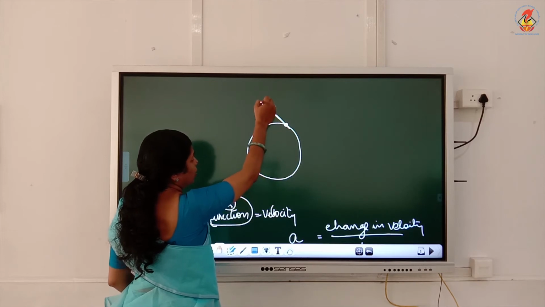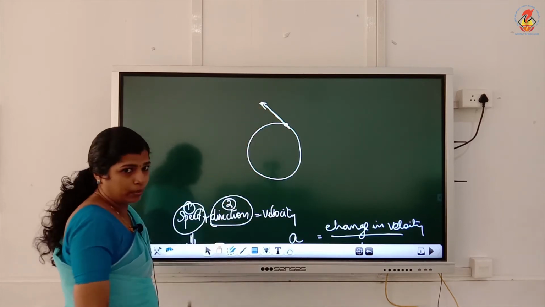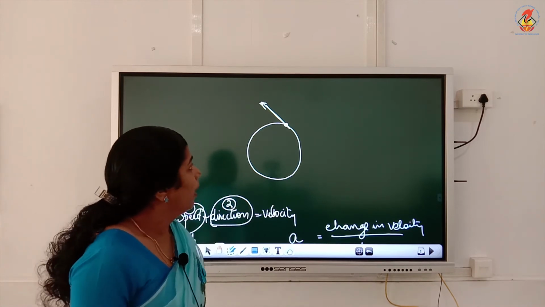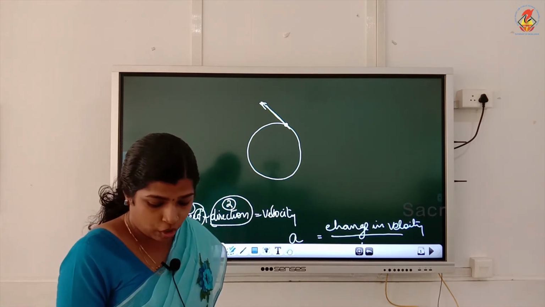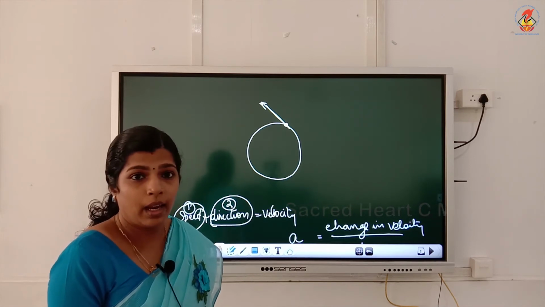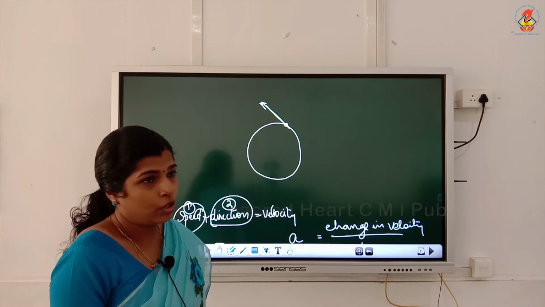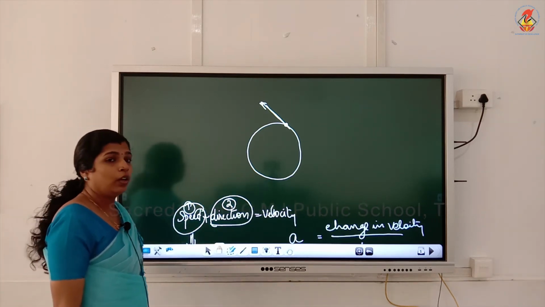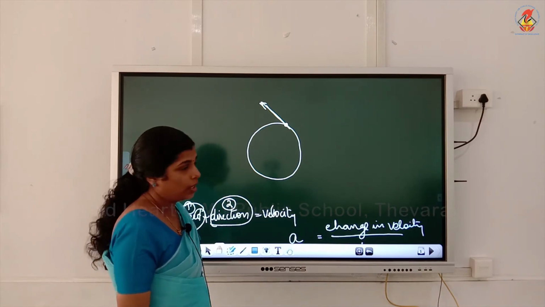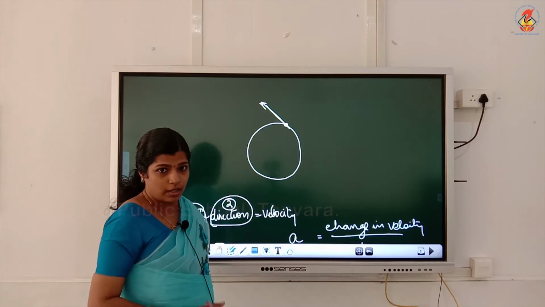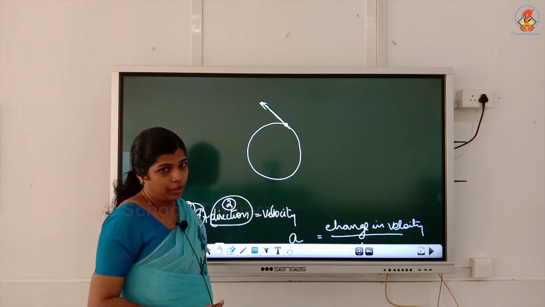In that direction the object will move outwards, that is along the tangent to the circle at that point.